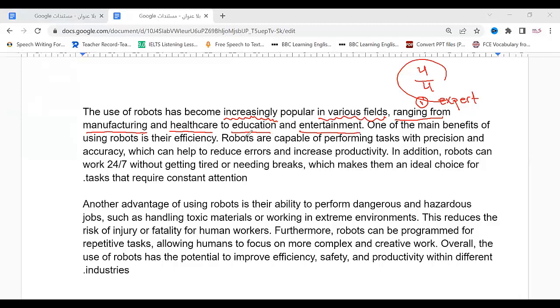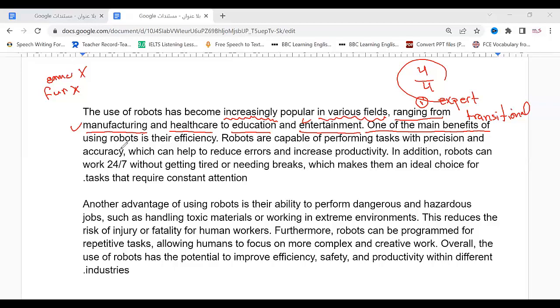If you remember, the other student used the words games and fun, which are very simple, while here he used the word entertainment. Manufacturing is a very good word to use. The student started with a transitional word, "one of the main benefits," which is recommended to start your idea using a transitional word.